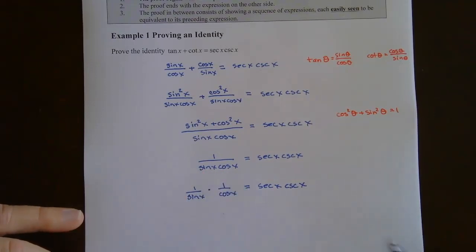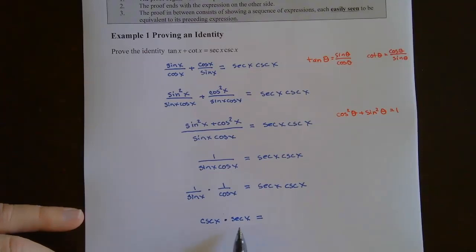Now we're going to use an identity. What is 1 over sine of x? Well, 1 over sine of x is cosecant x. So this is cosecant x, times 1 over cosine x. Well, 1 over cosine x is secant x. And it's equal to this. Does order matter when you multiply?